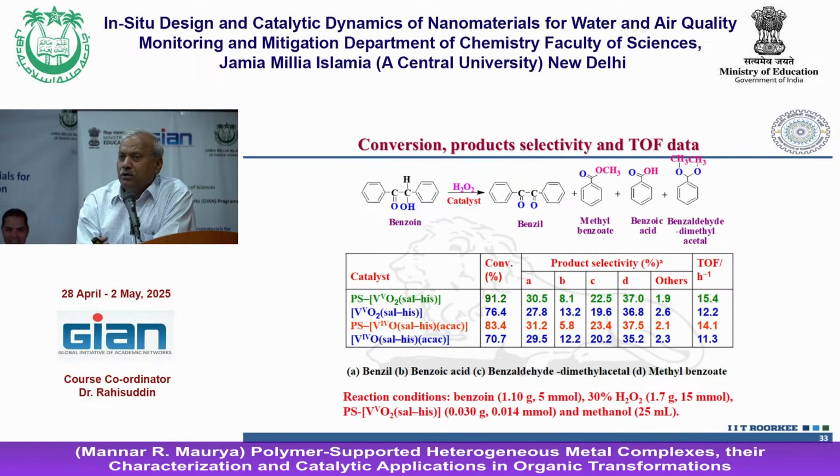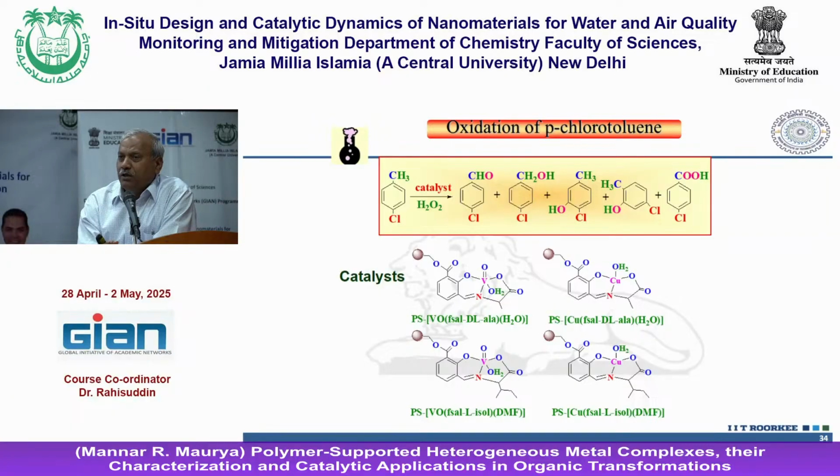This is parachlorotoluene. This reaction gave us a very hard time because parachlorotoluene oxidation is very difficult. But we could oxidize it, though the percent conversion is very, very poor, and we observed at least 5 different products. Characterization of products itself is a challenge, but we are able to identify them with the help of gas chromatograph, and these are the catalysts used for that.